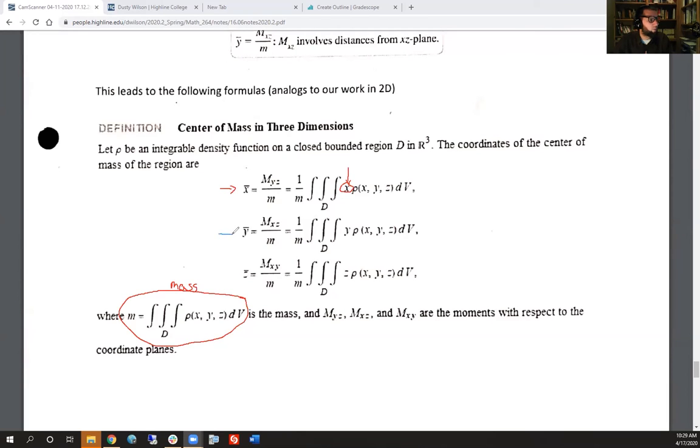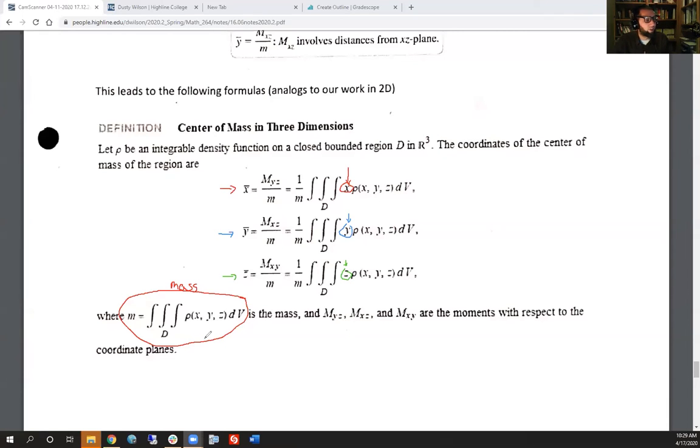And then to find y bar, we'll have the moment around the xz plane divided by the mass, which is 1 over the mass times the same triple integral, but now we have y in our integrand. And to find z bar, same thing with z in our integrand.